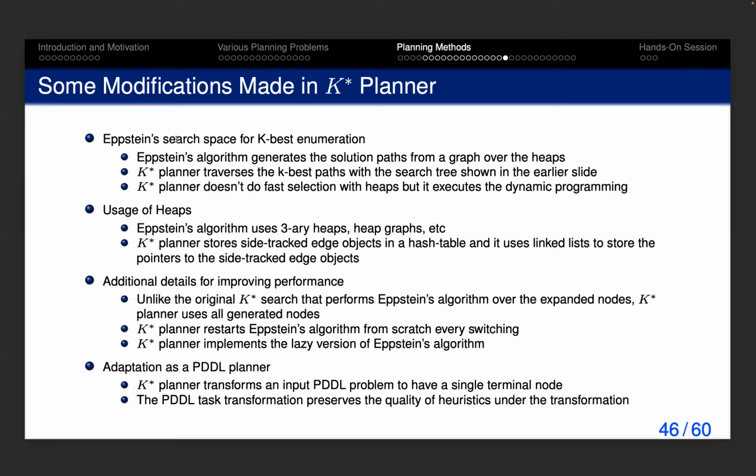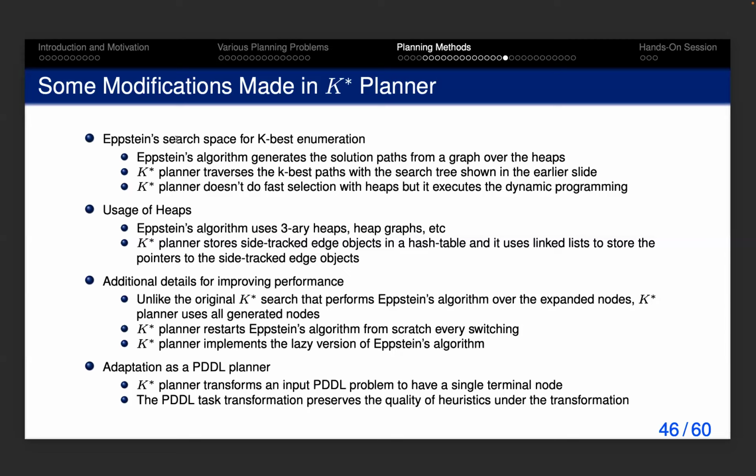Another detail: the original K-star performs Eppstein's algorithm over the expanded nodes in the A-star. It's delicate, but the difference between expanded nodes and generated nodes is that nodes that come out of the frontier from the A-star are all sorted nicely, but on generation, they're not sorted that well.